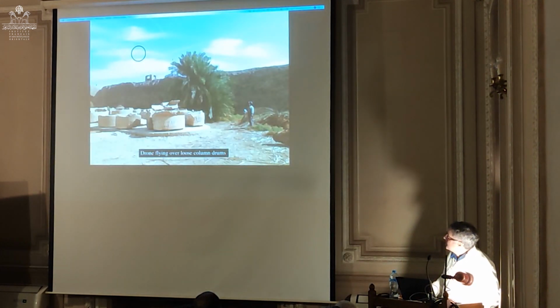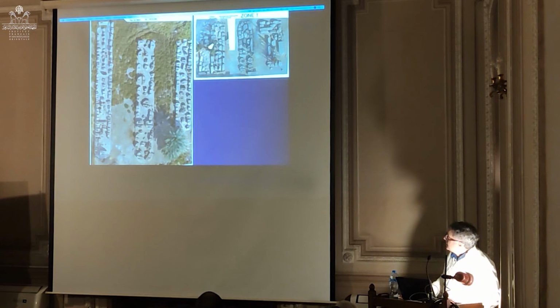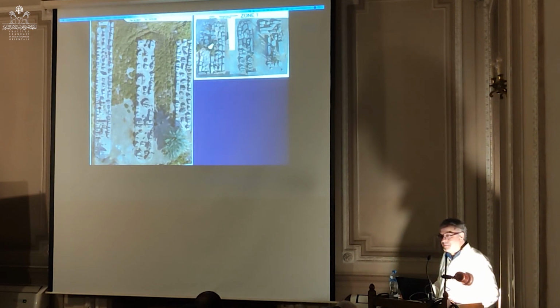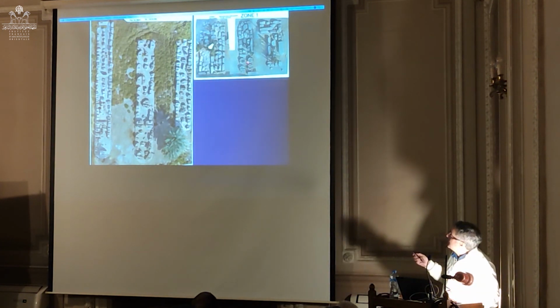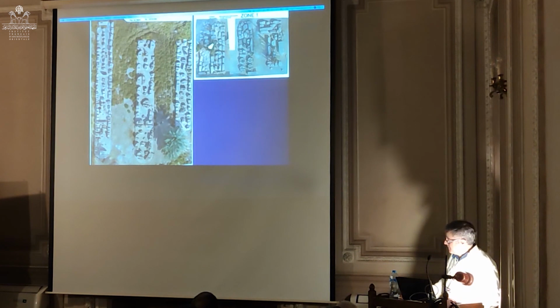So Owen then flew over these sections, and that allowed once again to create overhead pictures of the areas, and then to identify them with a numbering system. There was already a tagging system in Karnak for many of those blocks, so simply for identification purposes, we then put them on these pictures.